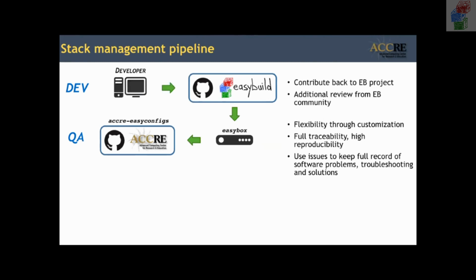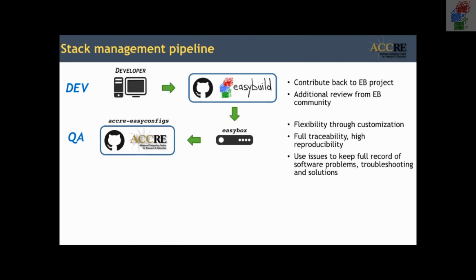It was typical before we adopted this way of deploying software: the user says we're having issues with this software, and someone says, oh yeah, I remember I solved that a year ago or something, but I don't remember how I did it. So we use issues on that repo to keep track of what is going on.